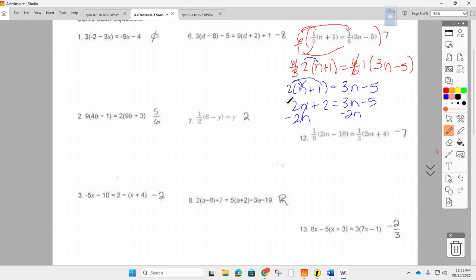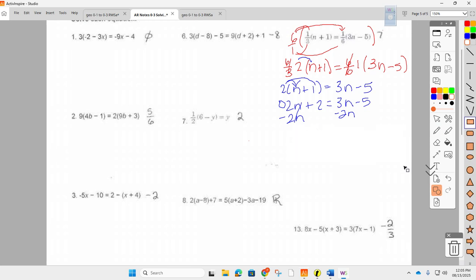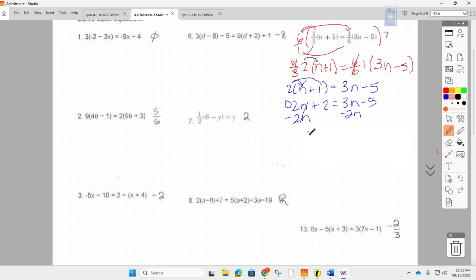So what we have left is 2 equals n minus 5. Okay? Now what do we do? Very good. Plus 5 on both sides. And we're going to put our n on the left, and n equals 7.